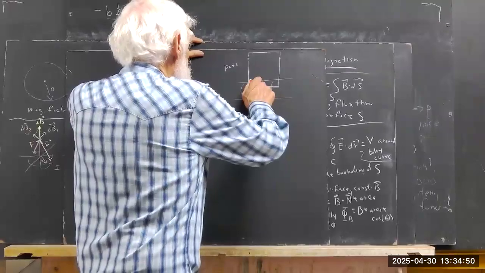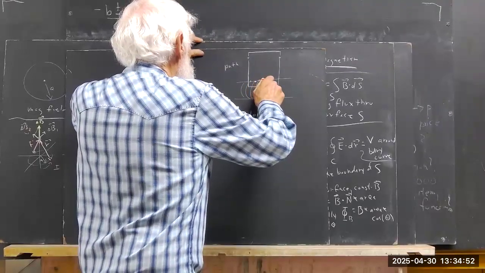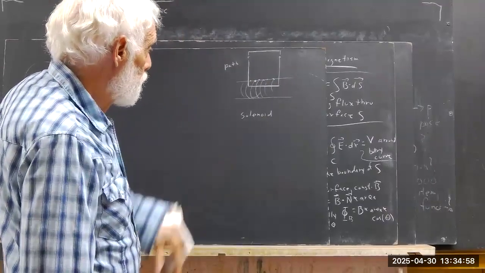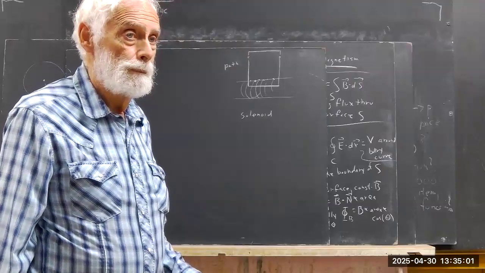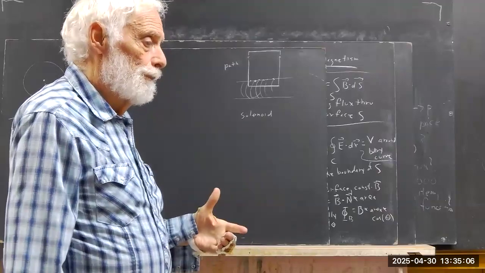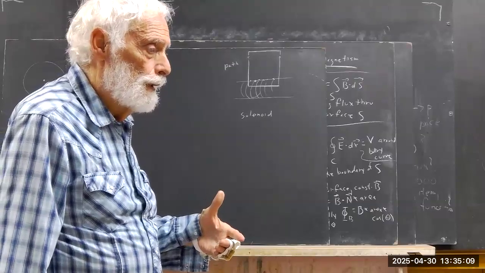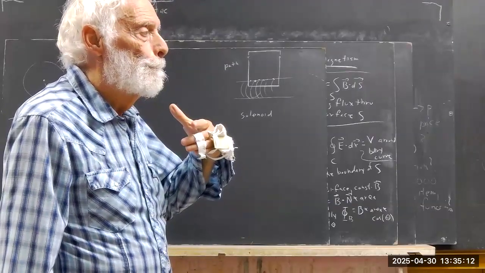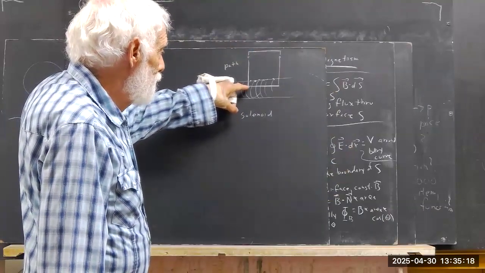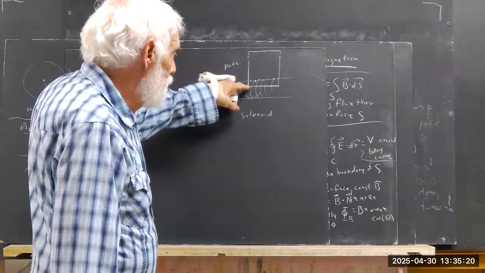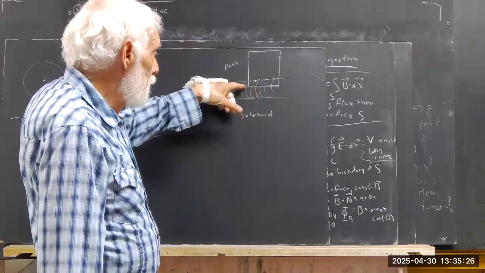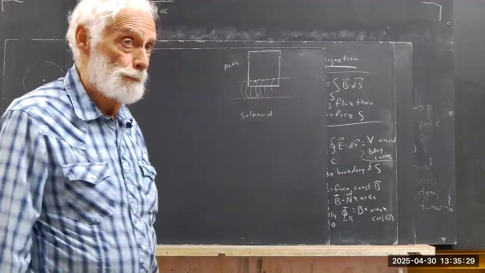Now, the current that flows through this path would consist of the currents of all these loops. So each loop contributes a current. And then by a symmetry argument, you find that the integral of the magnetic field around this loop is essentially zero everywhere except along this part of the path.